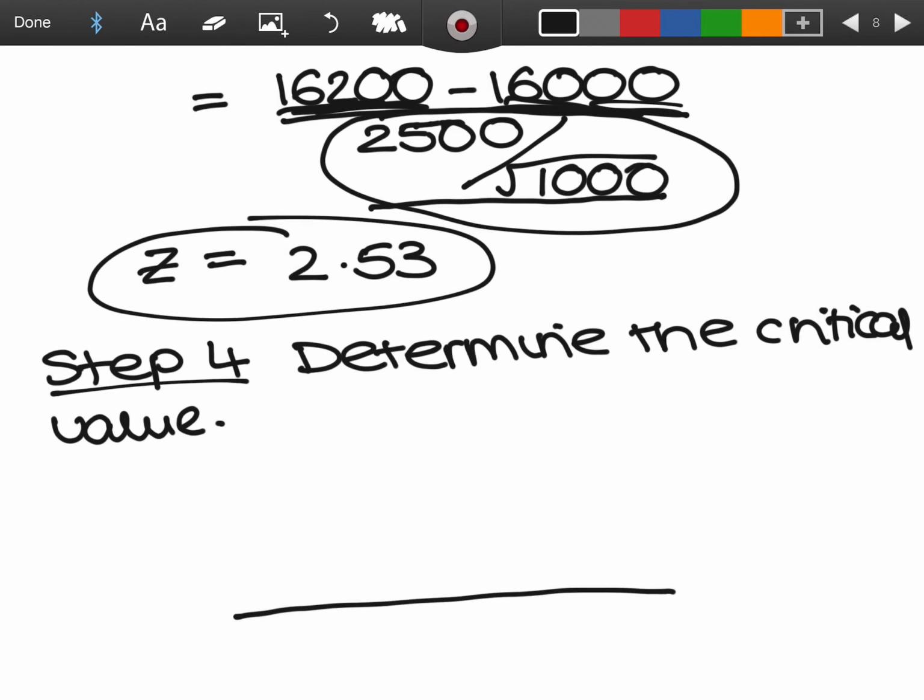We said that our significance level was 0.01 and we had a right-tailed test. So when we look for our critical value, we want to reject the top 1%. It's a right-tailed test, so the tail where you reject is on the right, because we've got a greater than.